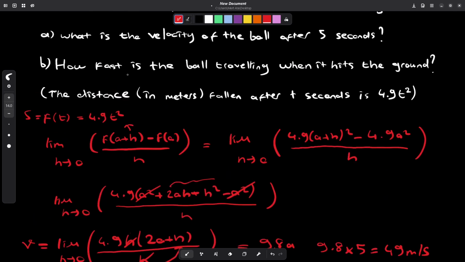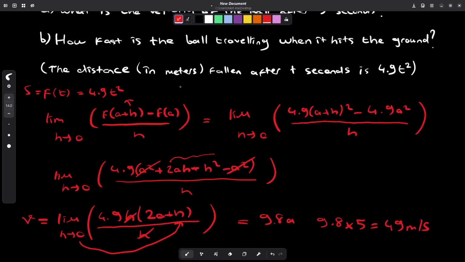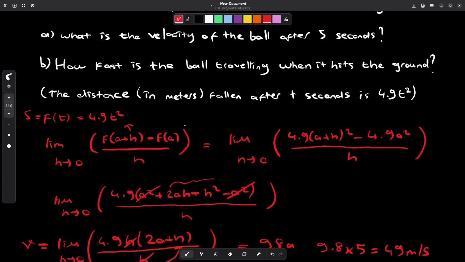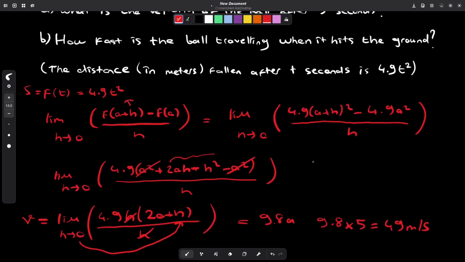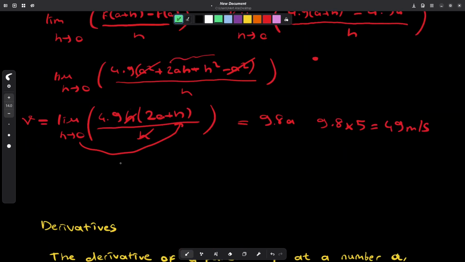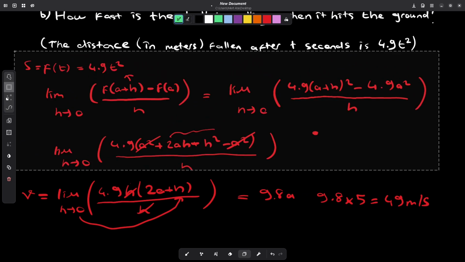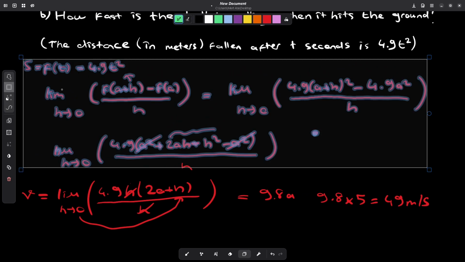For part B, how fast is the ball traveling when it hits the ground? First of all, the distance when the ball hits the ground. This is our ball, let's change the color. Oh, we don't have enough space. Okay, let's clean this part.